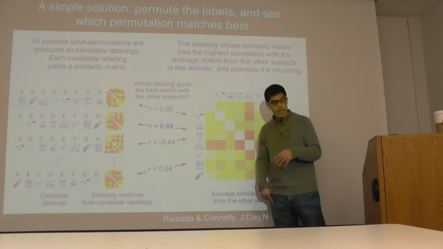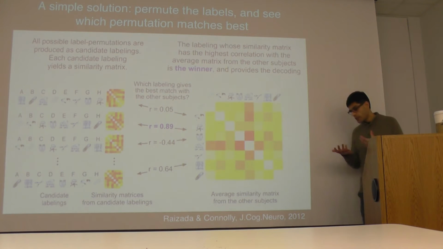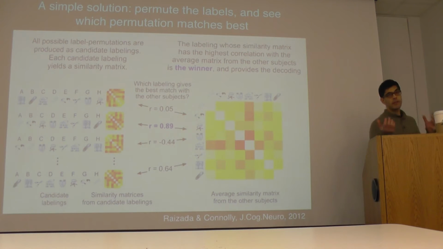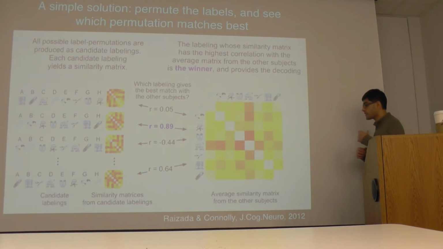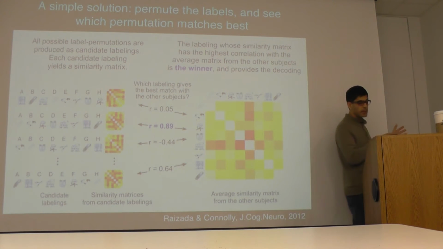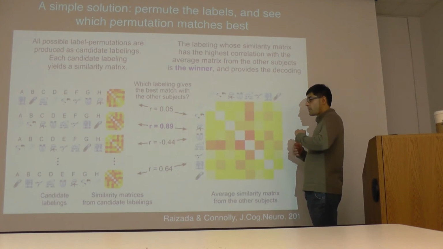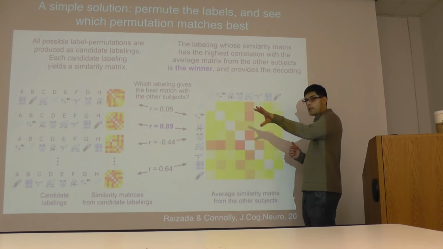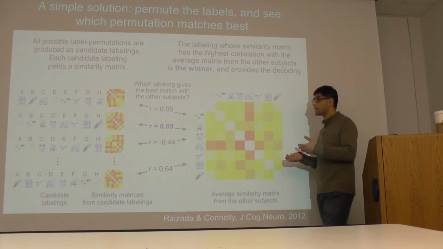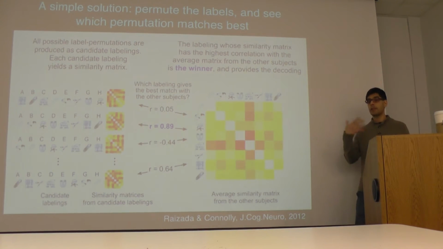If neural similarity really is capturing a true regularity across subjects, then if I match the neural similarities of my test subject, whose labels I've thrown away, as closely as possible to those of the training subjects, whose labels I do know, then matching neural similarities should end up giving me the right labels.